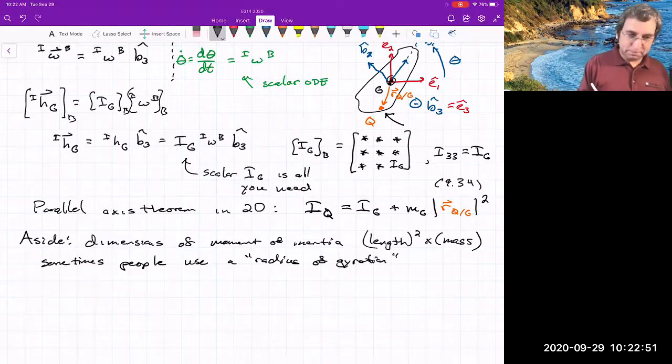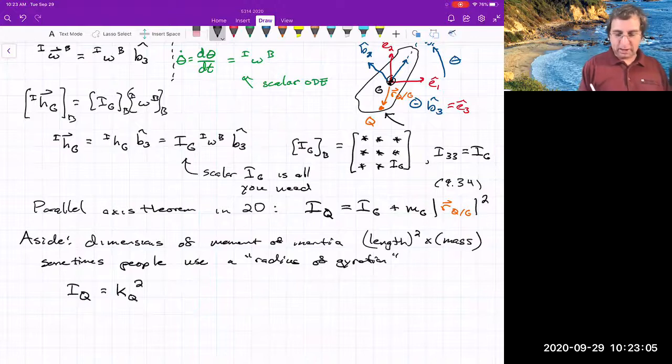So if we have some body, and about the point Q we've got the moment of inertia, they'll write the moment of inertia as K_Q squared, where K_Q has units of length, and then this would be times mg.